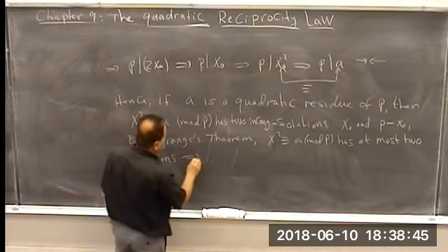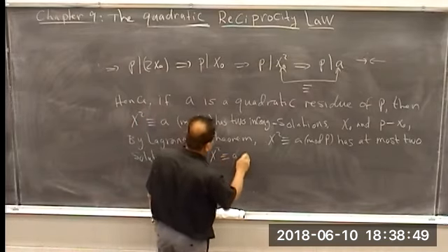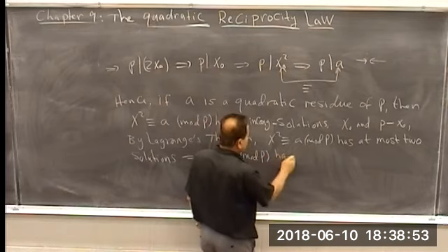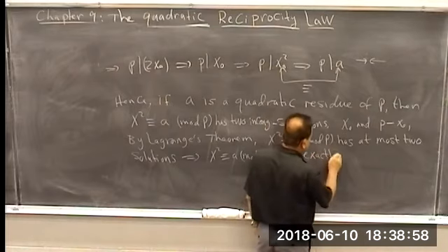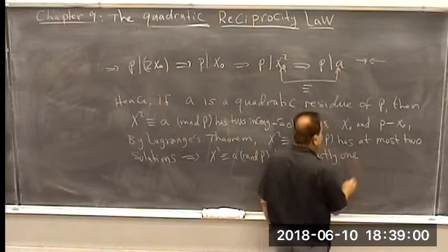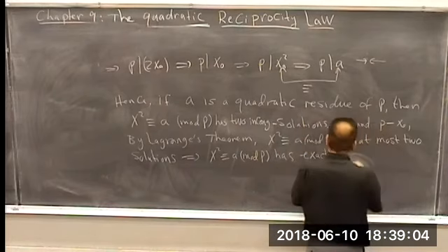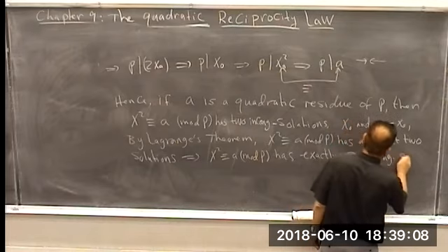So this implies x squared congruent to a mod p has exactly two incongruent solutions.